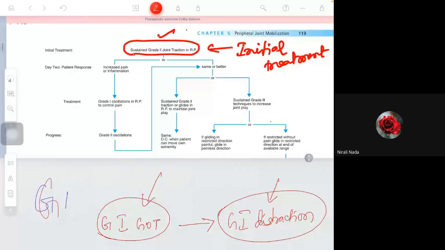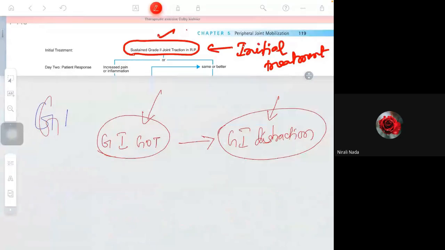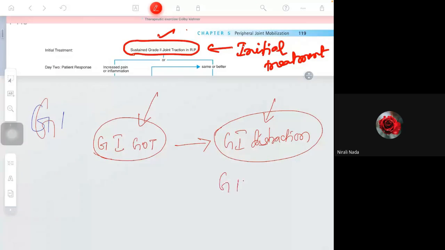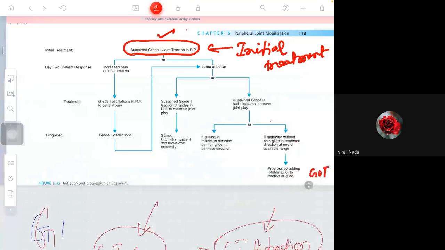That is why you see here, we have given grade 1 oscillation after giving grade 2 distraction. Are you clear what I am saying?